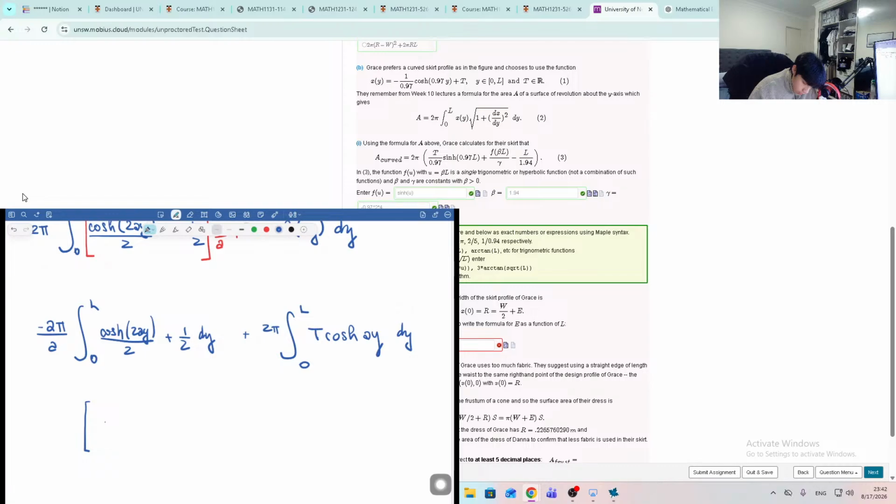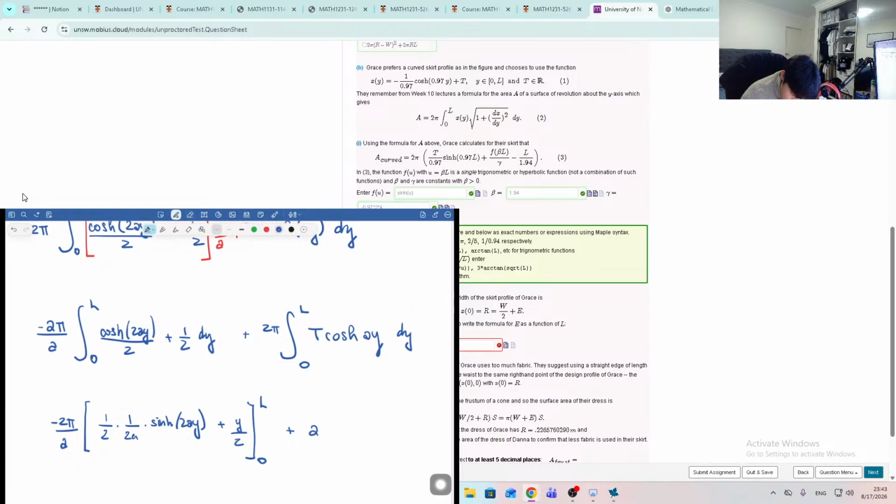Which we will end up with a half times 1 over 2a times sine 2ay plus y on 2, from L to 0, plus 2 pi on a times sine, times t.